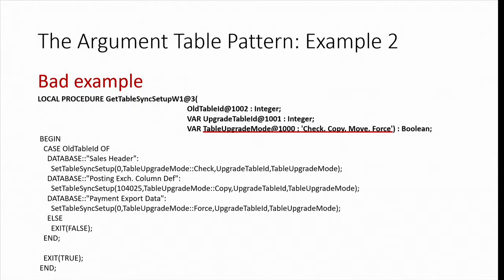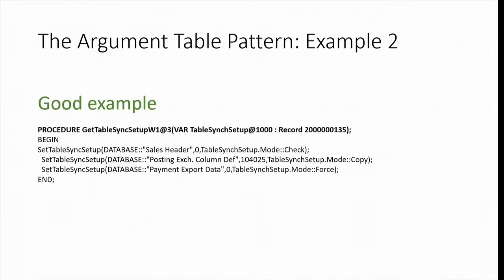If you want to move your data while you do an upgrade, then you have to specify the old table ID, the upgrade table ID, and the upgrade mode, which is an option field. If this option field changes, for example, now you have check, copy, move, and force, and you want to add a fifth, then you have to change the function signature as well. A better way to do this is to group them together in a table.